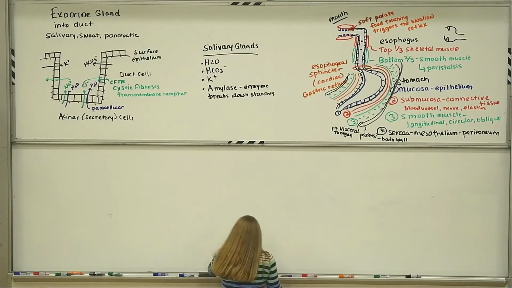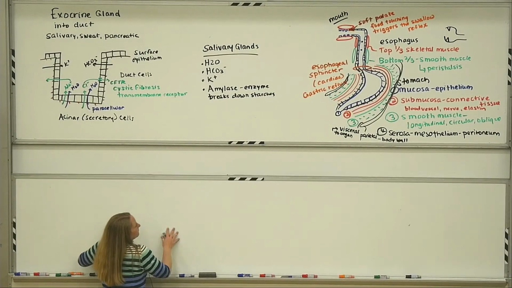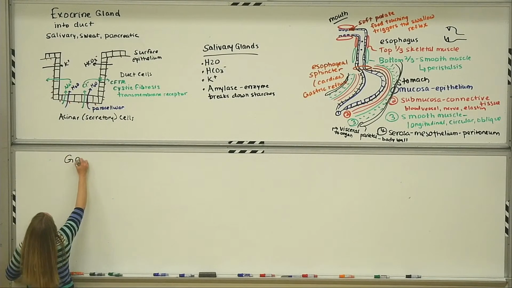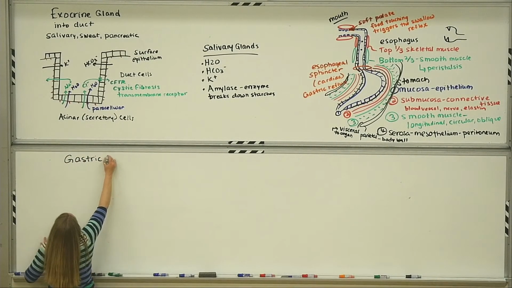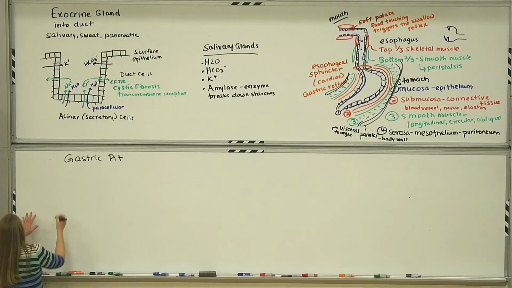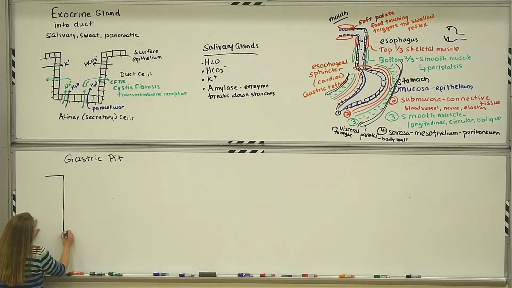Okay, so gastric pit. This is going to look remarkably like an exocrine gland, because it is pretty much the same structure, just deeper.